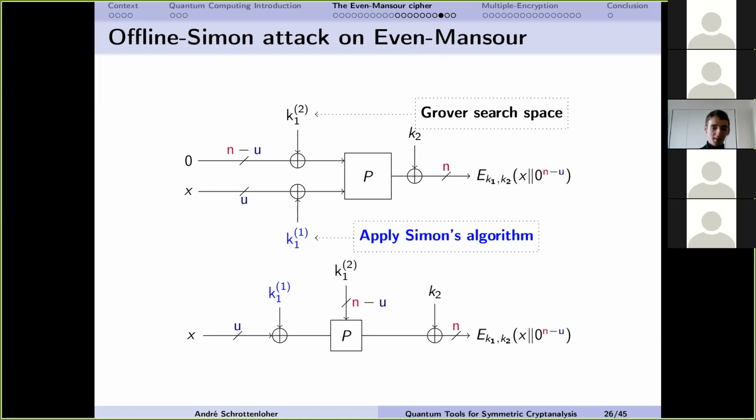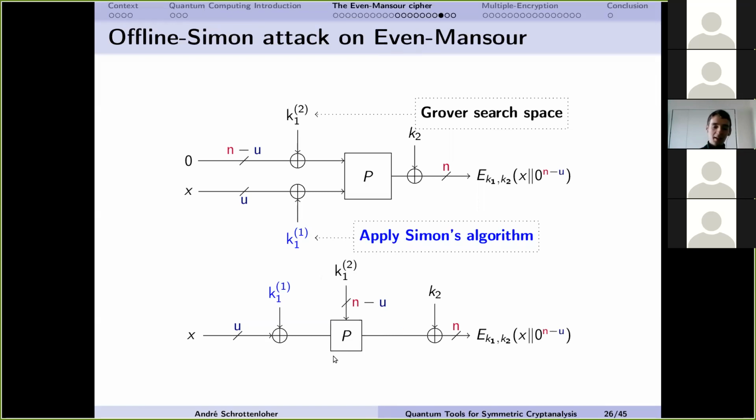If we stretch things a bit, we're going to say that we're only interested in K1, so we cut it in two. And now there is a part of K1 on which we're going to put the input to arbitrary zeros. And so we're going to say that this is a key that directly goes into the permutation.